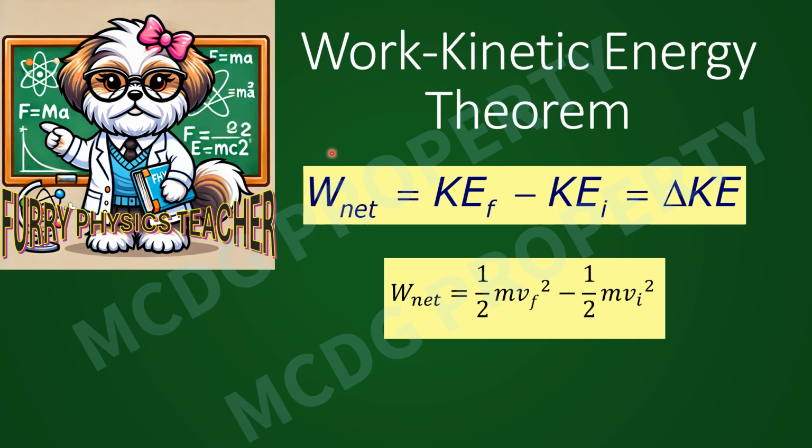So the net work done, or the total work done, on the object is equal to the final kinetic energy minus the initial kinetic energy, which is also known as the change in kinetic energy. Explicitly, it is written like this: 1/2 m v final squared minus 1/2 m v initial squared.